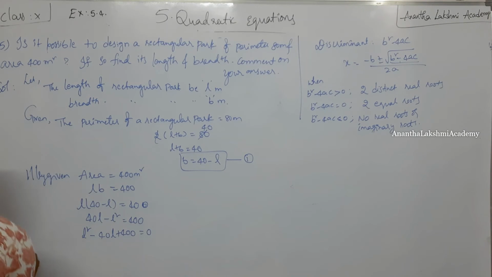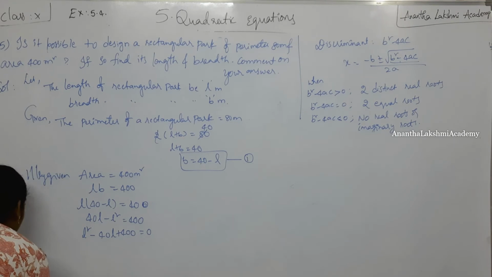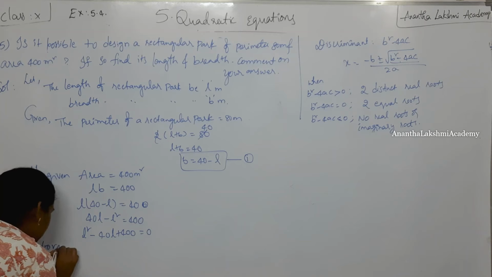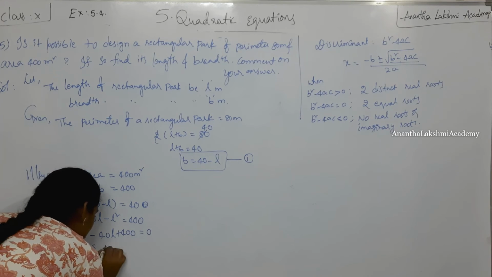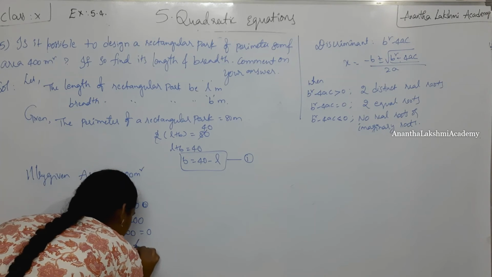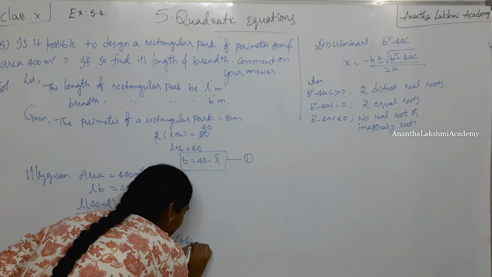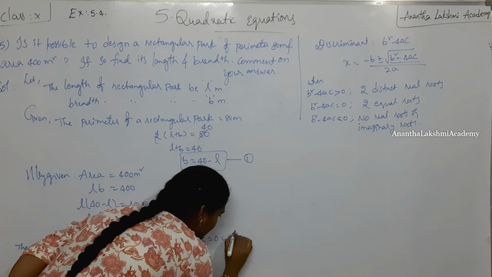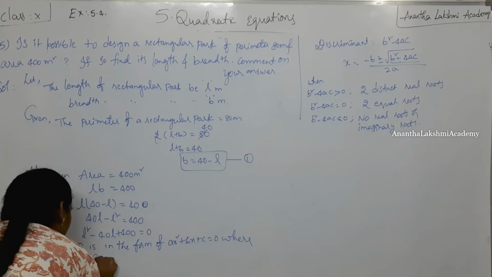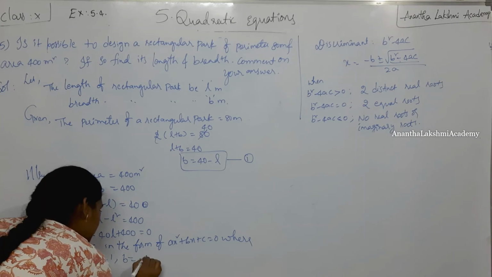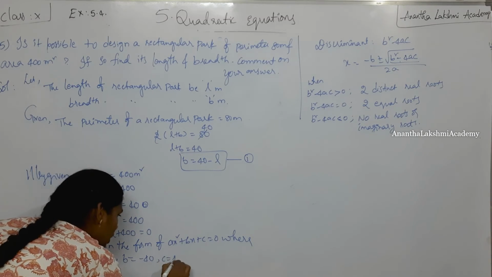For that again, the above equation is in the form of ax square plus bx plus c is equal to 0, where a equal to 1, b equal to minus 40 and c equal to 400.